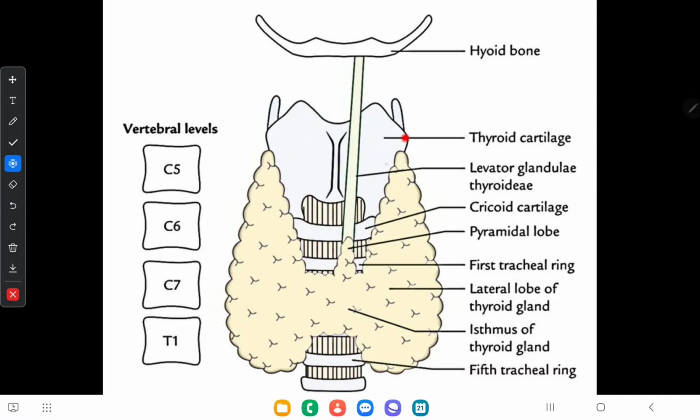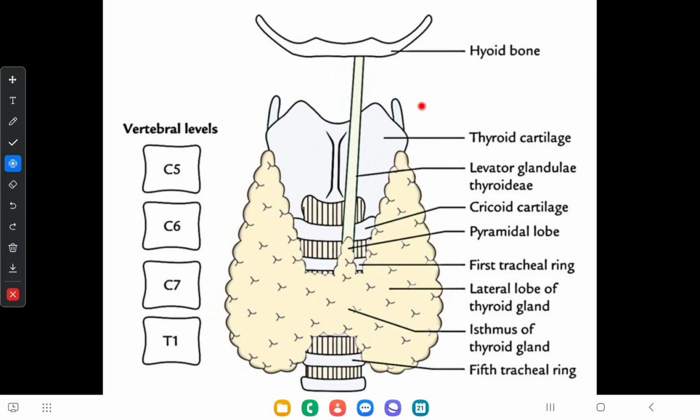So, the sternothyroid muscle, from the manubrium of the sternum, extends up to the oblique line of the thyroid cartilage. Due to this attachment, when the thyroid gland is enlarged, the upward shift of the thyroid gland is prevented.